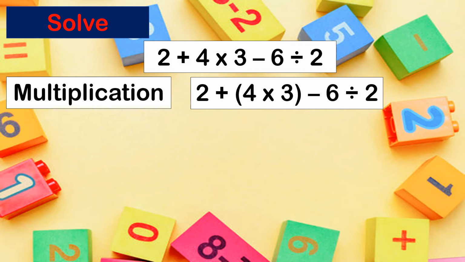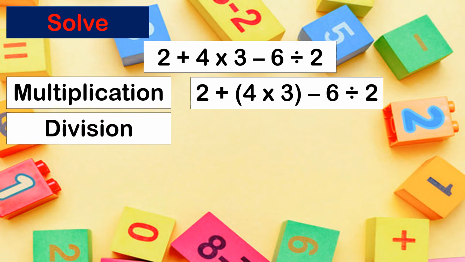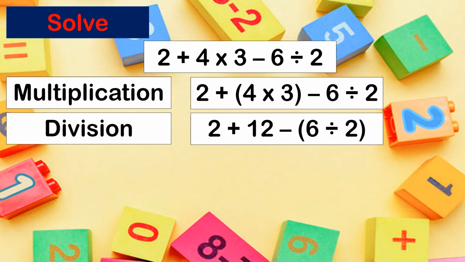Lagyan natin ng parenthesis yung 4 times 3 dahil siya yung una, multiplication. Next is division. So, naging 2 plus 12 minus 6 divided by 2. As you can see, naging 12 na siya dahil minultiply na natin yung 4 times 3.